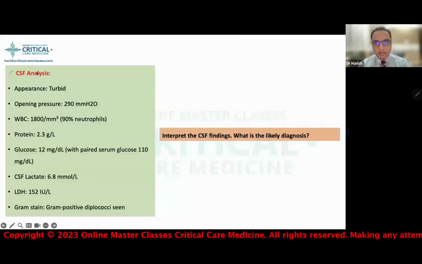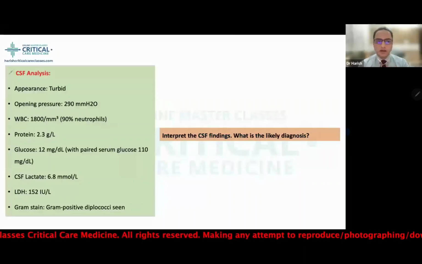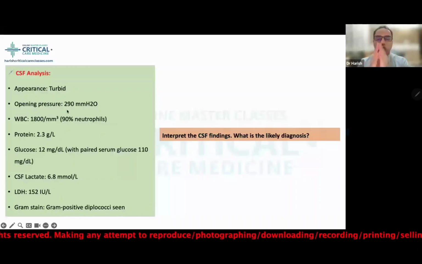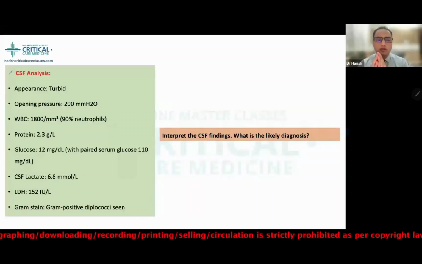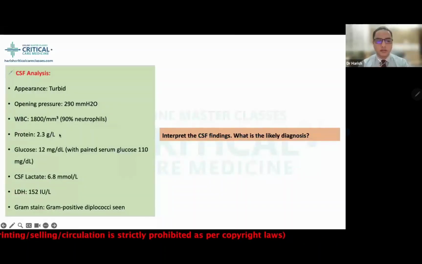We did the CSF subsequently after excluding any major contraindication. It appears turbid. Opening pressure is around 290 millimeters of water. WBC is 1800, 90% neutrophils. Protein is 2.3 grams per liter, glucose is 12 with a paired serum glucose of 110.